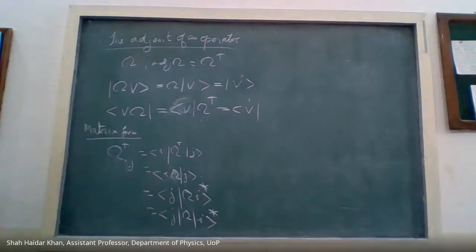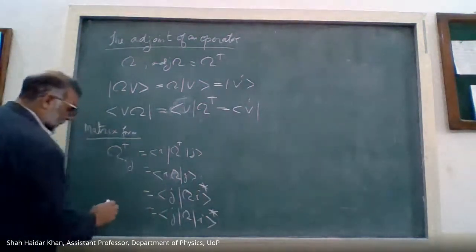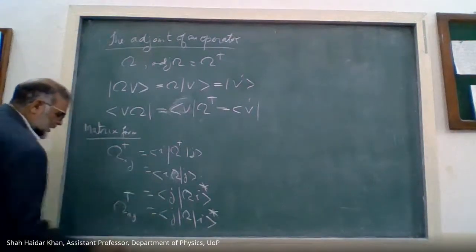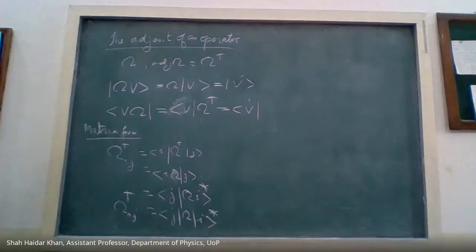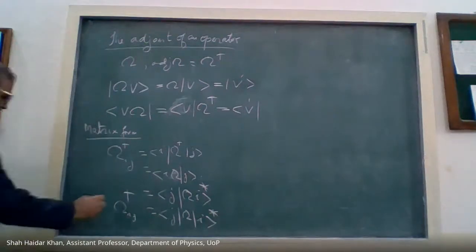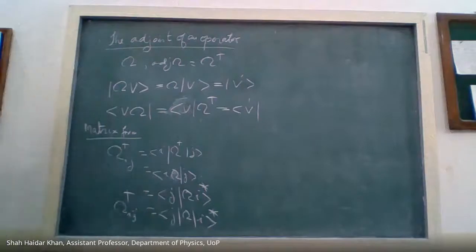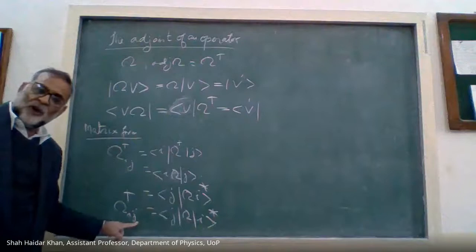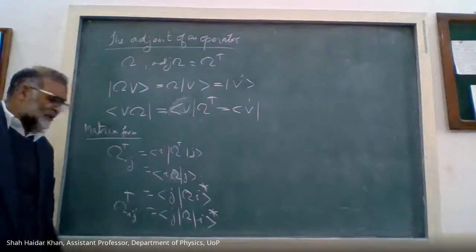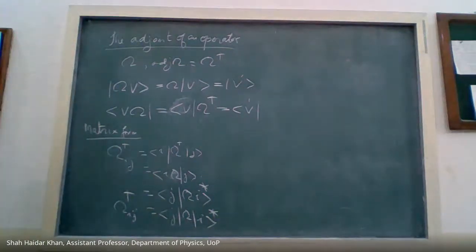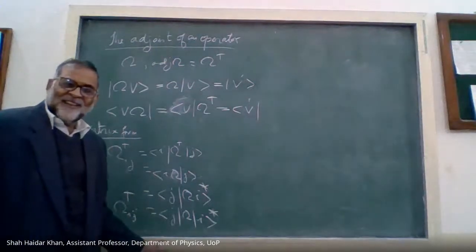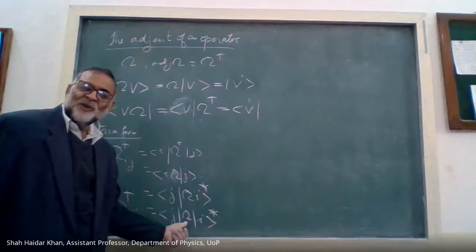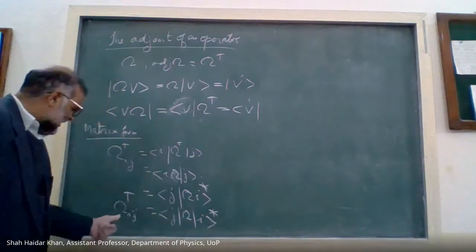So look at this. Omega ij dagger, right? The ith row, jth column element of the dagger is equal to the action of omega, but rows turn into columns.